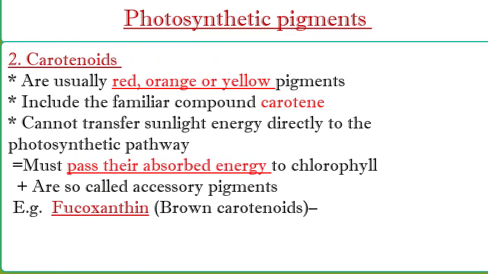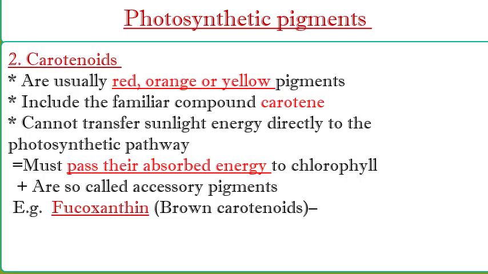The second class of pigments is carotenoids. Carotenoids are usually red, orange, or yellow pigments in color. This includes the familiar compound carotene that gives carrots their color.